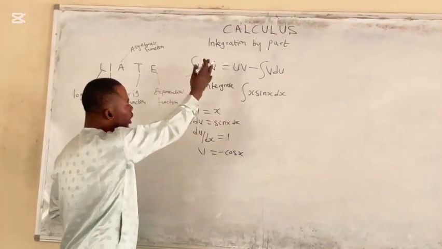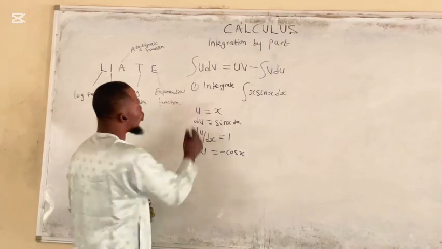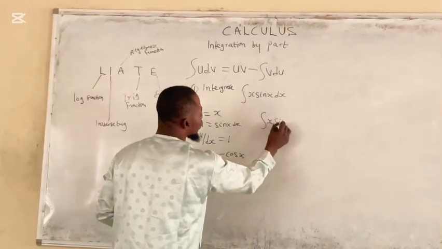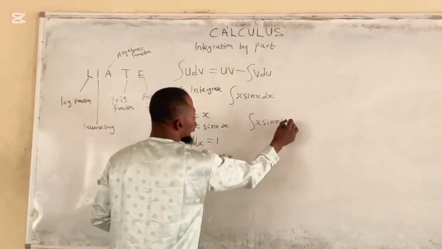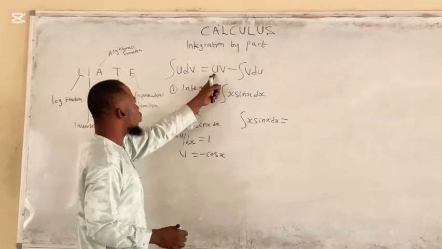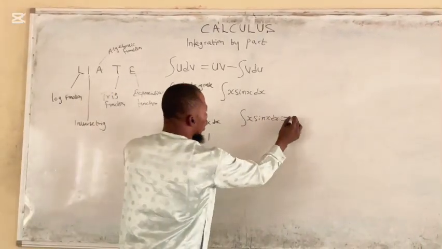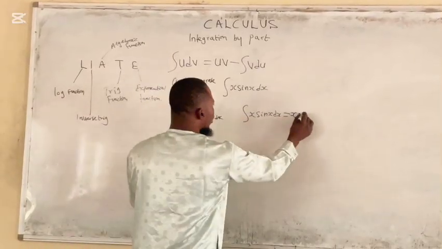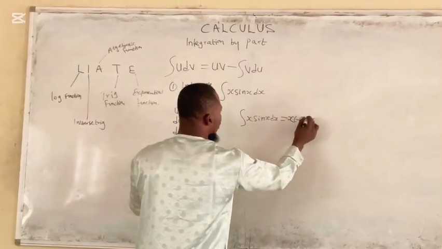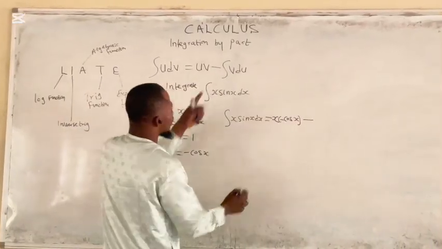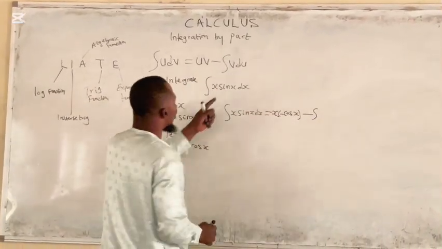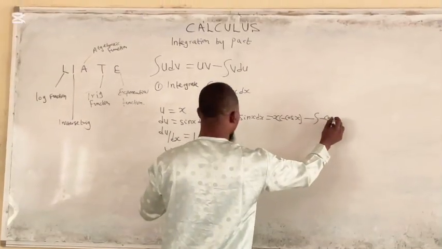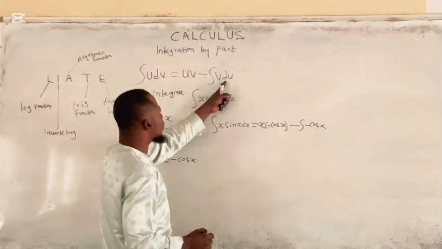So now we've gotten almost all the parameters we need in the formula. We'll just substitute them back into the formula. The integral of x sin x dx equals u, which is x, multiplied by v, which is minus cos x, then minus the integral of v, which is minus cos x, multiplied by du.